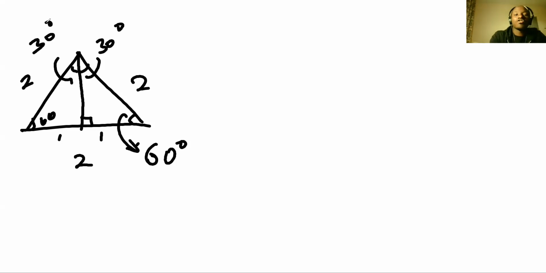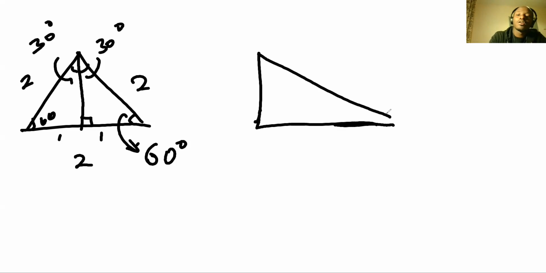Then you have the second triangle. The second triangle looks like this, a right angled triangle, which is still an isosceles. So this is one, and it's right angle. So that means if these two sides are equal, this will be 45 degrees, and so will this side.